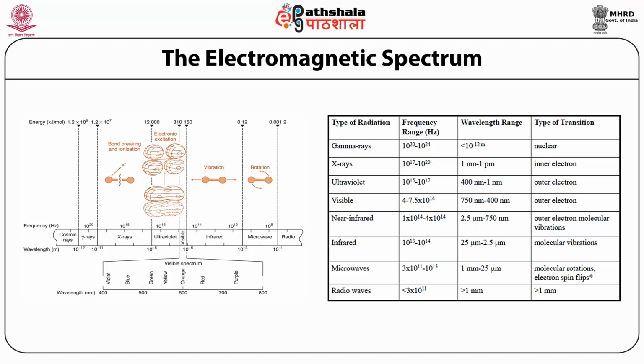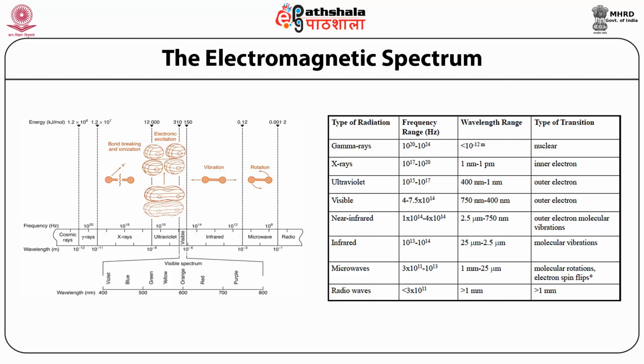The propagation of these radiations involves both electric and magnetic forces, which gives rise to their common class name, electromagnetic radiation. In spectroscopy, only the effects associated with the electric component of the electromagnetic wave are important.